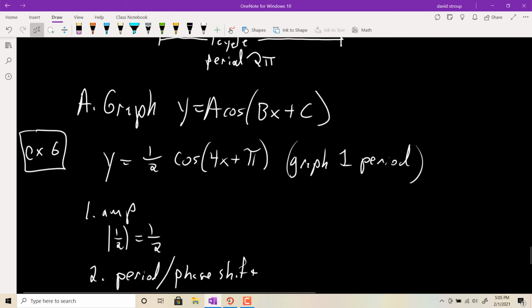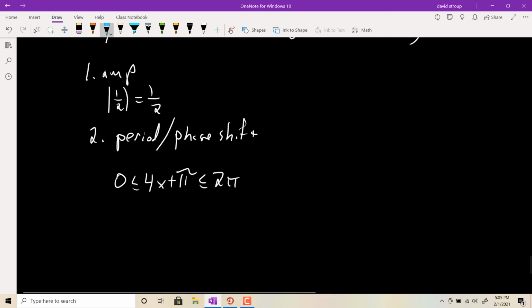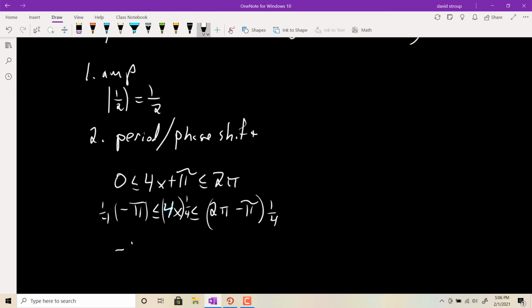So the guts of the cosine function, you just take 4x plus pi and put it in between 0 and 2 pi, and then solve for x. So subtract pi from all three sides. Divide everything by 4. In other words, multiply by 1/4.